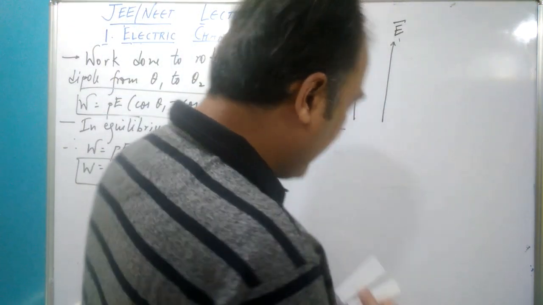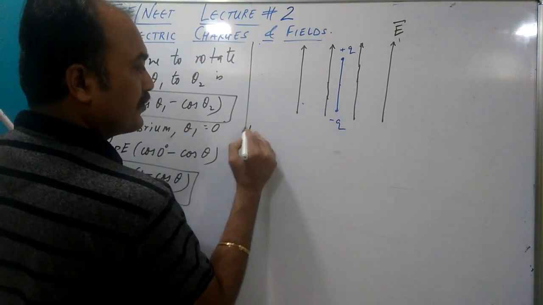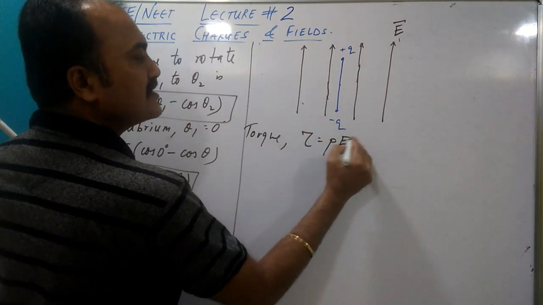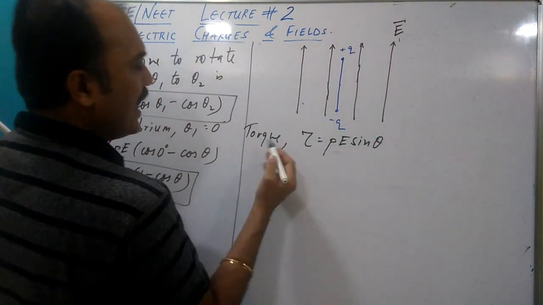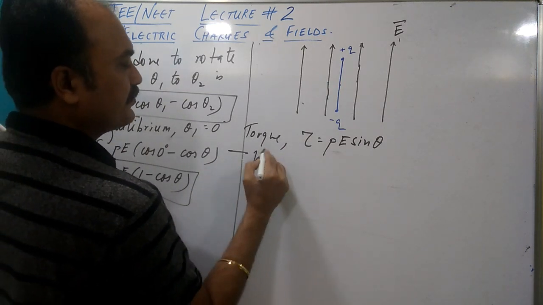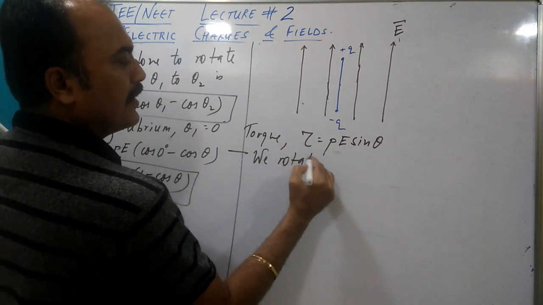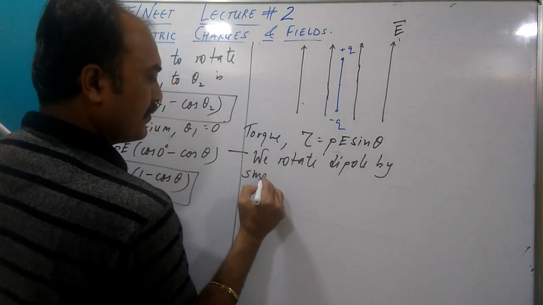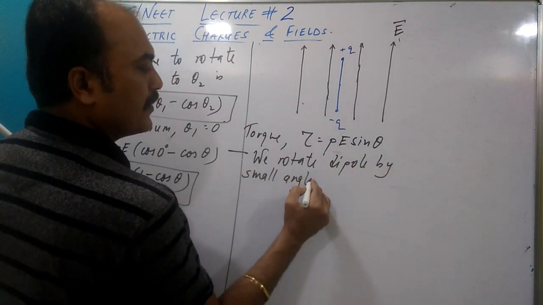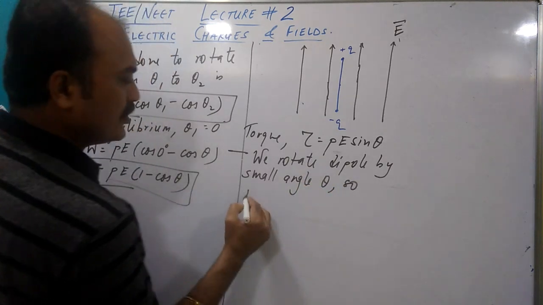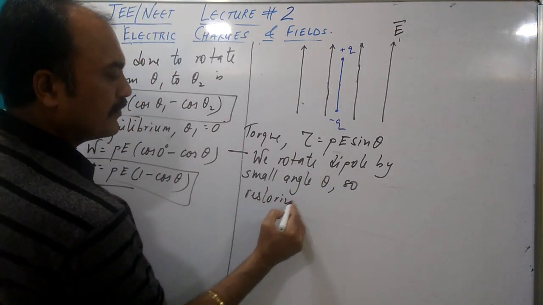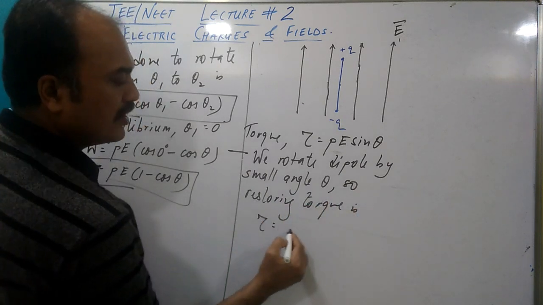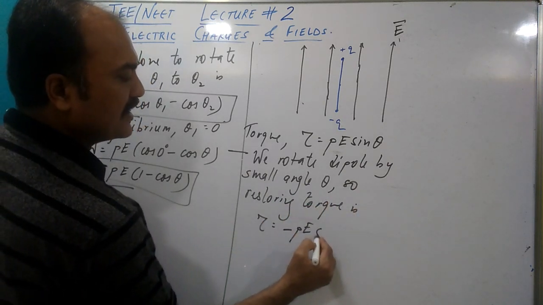Let us start by saying that the torque tau is PE sin theta, and we rotate the dipole by a small angle, so the restoring torque tau is minus PE sin theta.